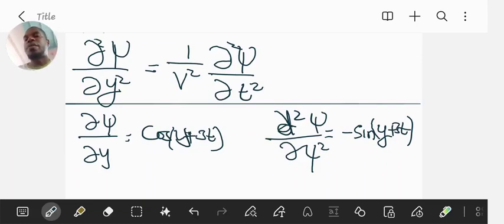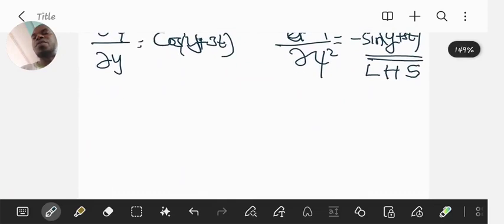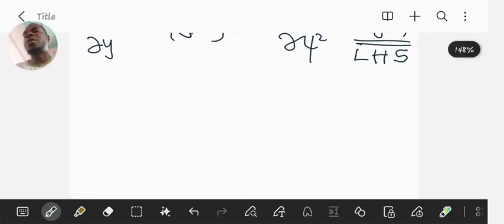Therefore we go to the second part. This one will be to the right hand side, so bear in mind it must be plugged in there. Now we proceed further to differentiate partially with respect to t this time round.